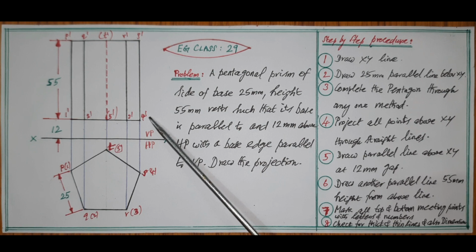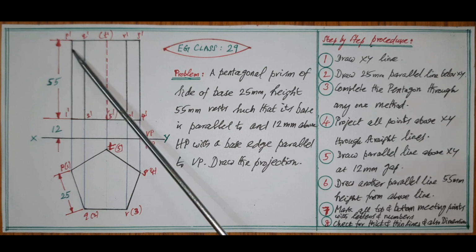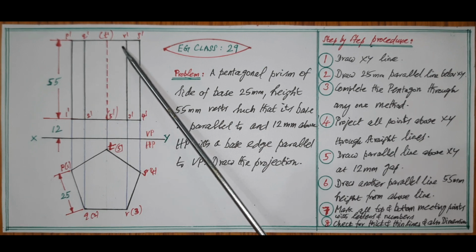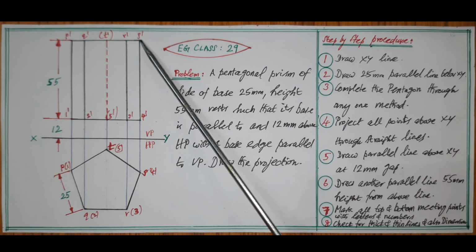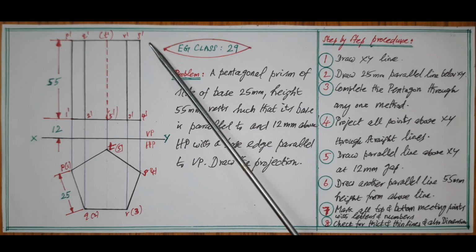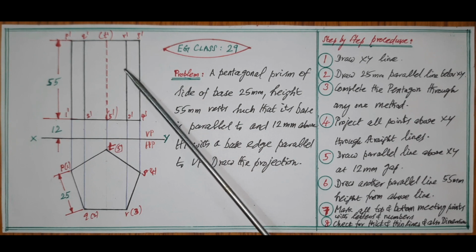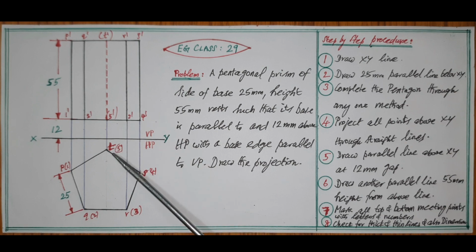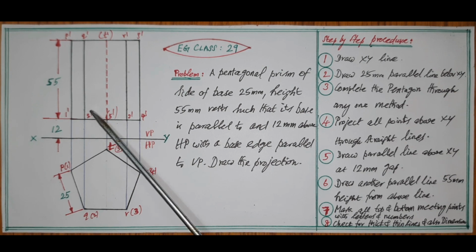Also mark the top base joining points as P dash, Q dash, T dash within brackets, R dash, S dash, etc. While marking the points, imagine the position and understand which points are at the bottom and which at the top.